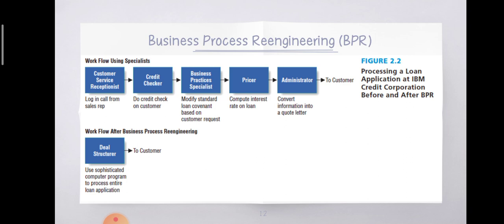Pwede man diay. You can achieve your goal with a deal structurer, with the use of sophisticated computer programs to process the entire loan application. You can have it in just a day instead of pila ka weeks or days usa ma-release ang loan.